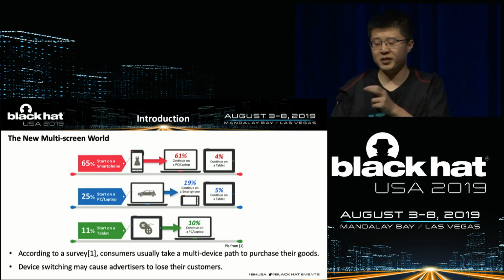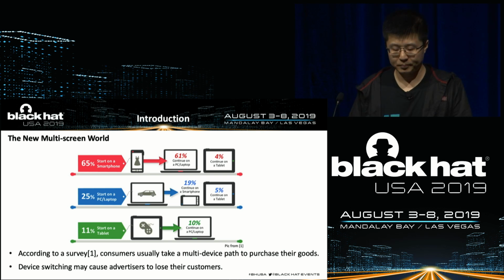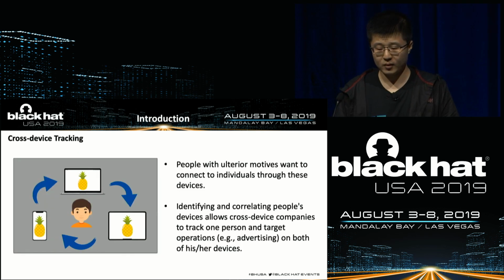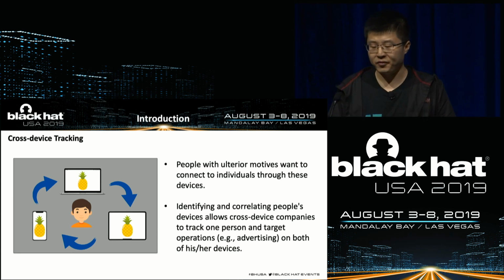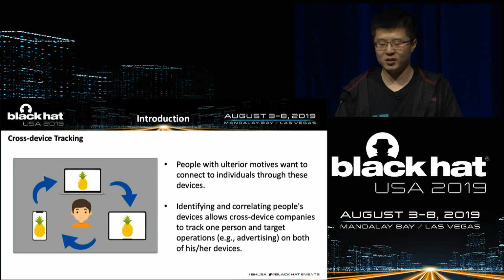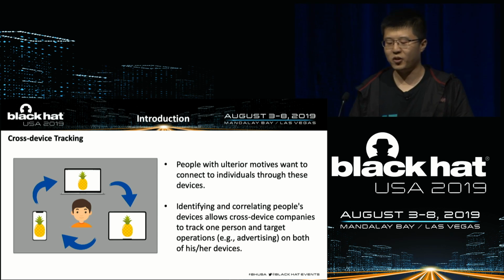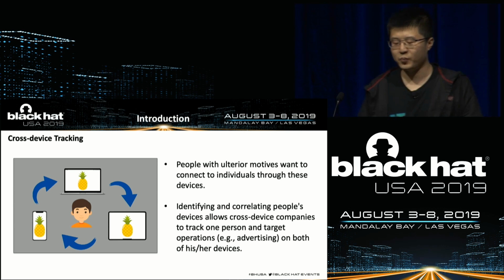However, device switching may cause advertisers to lose their customers. Thus, people with ulterior motives want to connect to individuals through these devices. Identifying and correlating people's devices allow cross-device companies to track one person and target operations, for example, advertising on both of his or her devices.